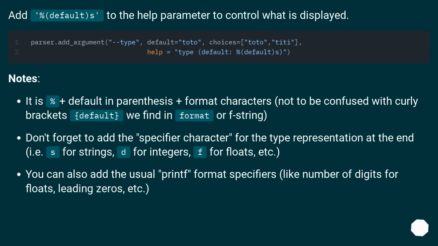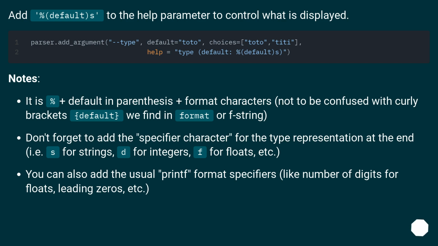Add %(default)s to the help parameter to control what is displayed. Notes: it is %(default) in parentheses plus format characters, not to be confused with curly brackets, default, we find in format or F strings.